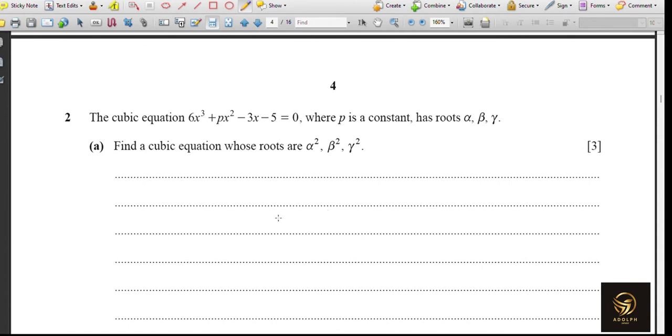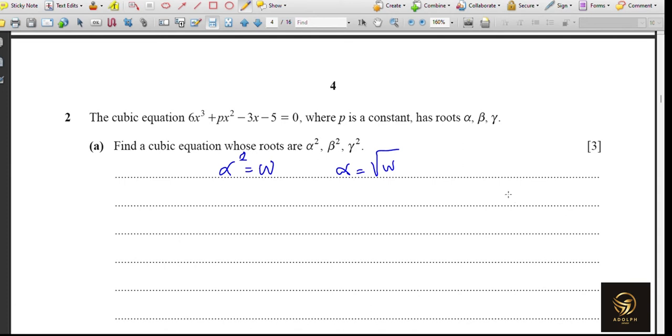So how are we going to solve this? The first thing is the roots. One of the common roots, alpha squared, we can take as w, because that's what we are going to replace. We find alpha in terms of w, so alpha is square root of w, because the square goes to the other side as a square root.